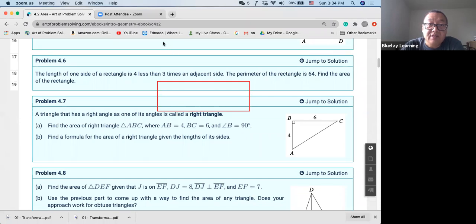So now let's see. Let's suppose this side is x, then the other side will be 3x minus 4.